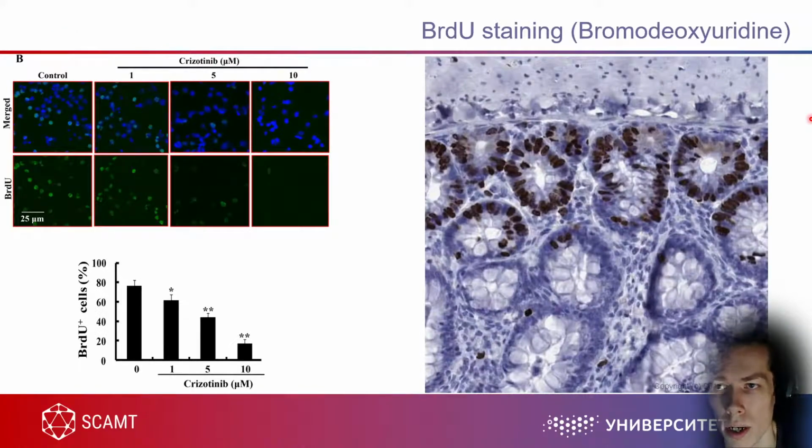So one of the mostly used is BrdU staining, which is bromodeoxyuridine, and this is the artificial analog for the thymidine base. So during the mitosis, if you stain your cells with BrdU, you will observe some staining inside the dividing cells.